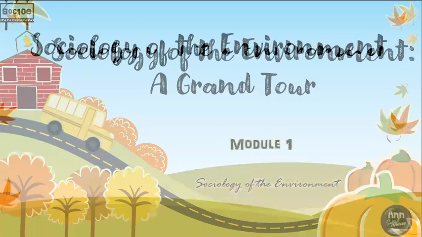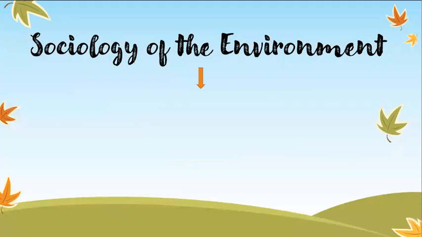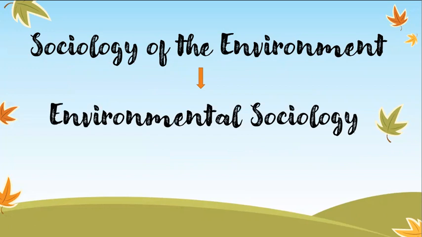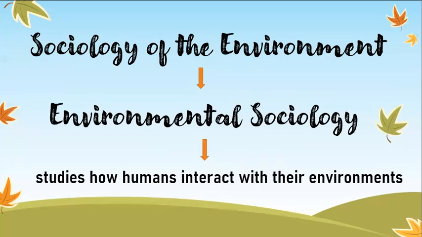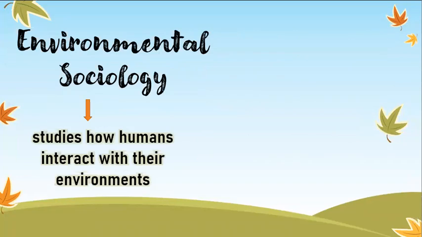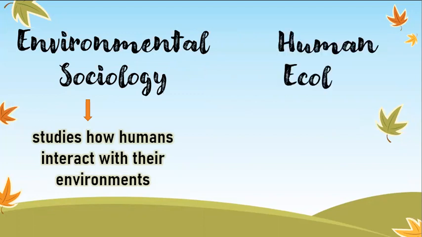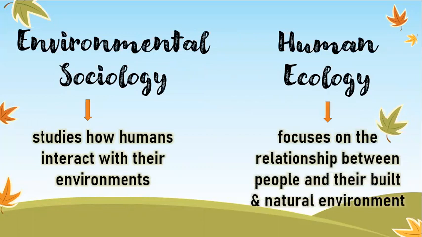Sociology of the environment is interchangeably referred to as environmental sociology. The subfield of environmental sociology studies how humans interact with their environments. This field is closely related to human ecology, as I've mentioned before this course was offered, which focuses on the relationship between people and their built and natural environment.